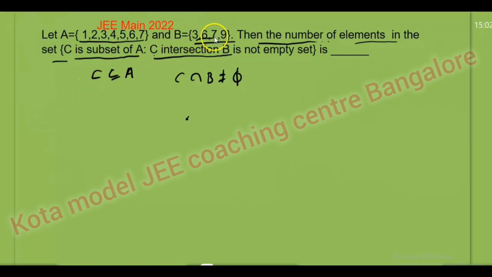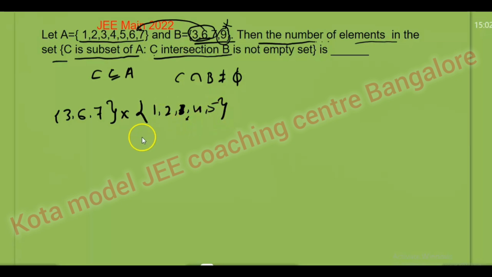3, 6, 7 are the common elements to both A and B. 9 is not considered because C must be a subset of A, which is why we are removing it.